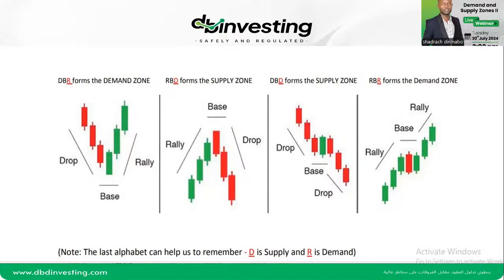So we want to look at, first of all, the basic forms, and then we'll go to the chart to see how to identify these basic forms. Now, basically speaking, there are different ways of formations of these demand and supply zones.